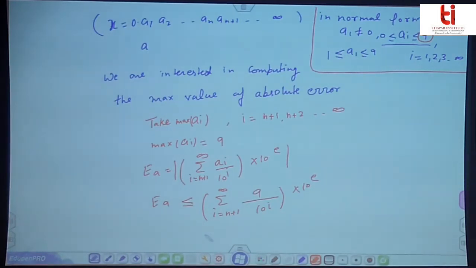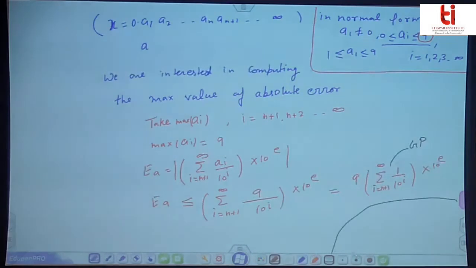So what do we get? 9 we can take outside. We are getting summation of 1 upon 10 raised to power i, times 10 raised to power e, i equal to n plus 1 to infinity. This is a GP series.